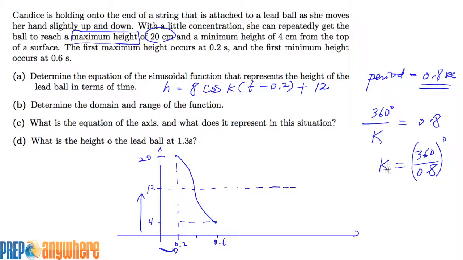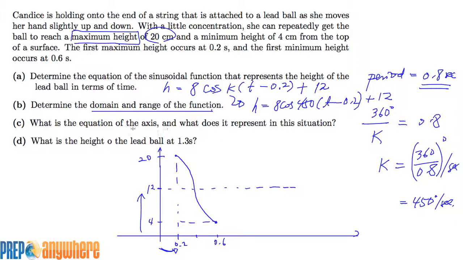In fact, the unit of k should be degrees over second, and we get k is equal to 450 degrees per second. Okay, so our equation from that is h as a function of t equals 8 cosine of 450 (t minus 0.2) plus 12.